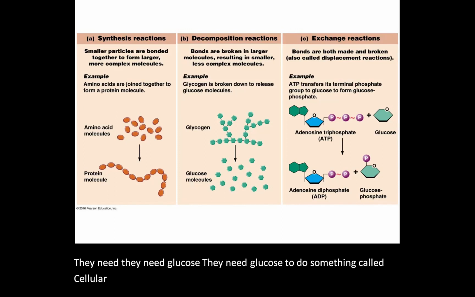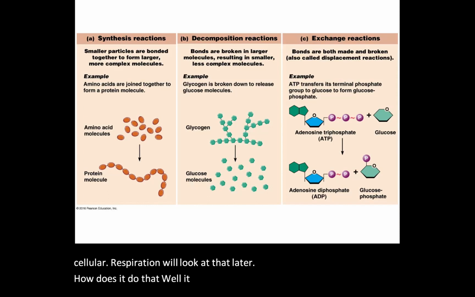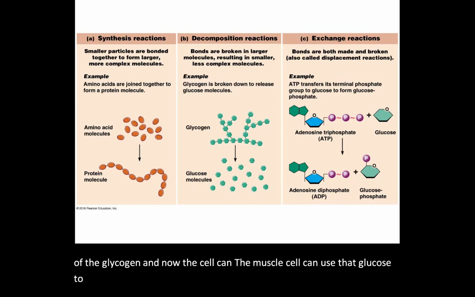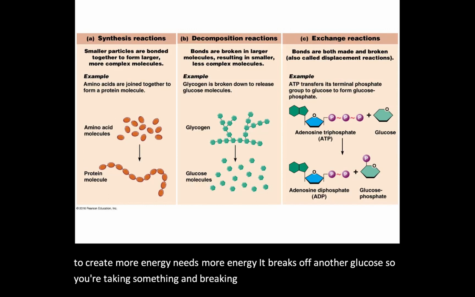We'll look at that later. How does it do that? Well, it takes the glucose molecule and it breaks it off of the glycogen. And now the muscle cell can use that glucose to create more energy. Needs more energy, it breaks off another glucose. So you're taking something complex and breaking it down. That's a decomposition. Right?